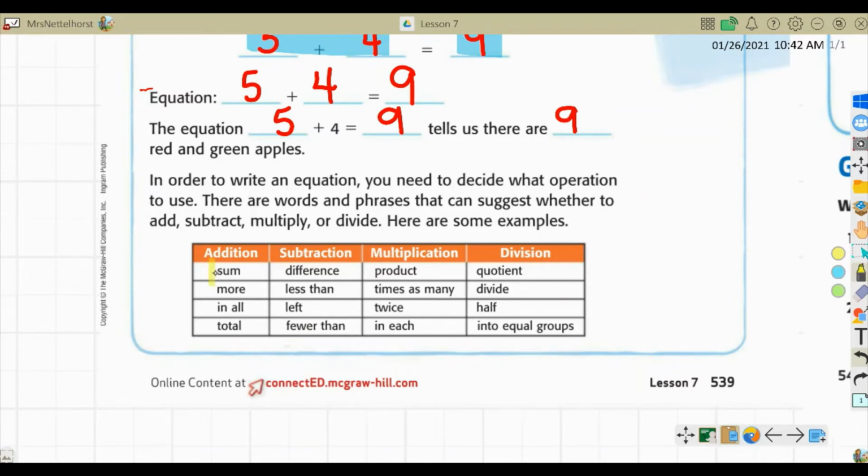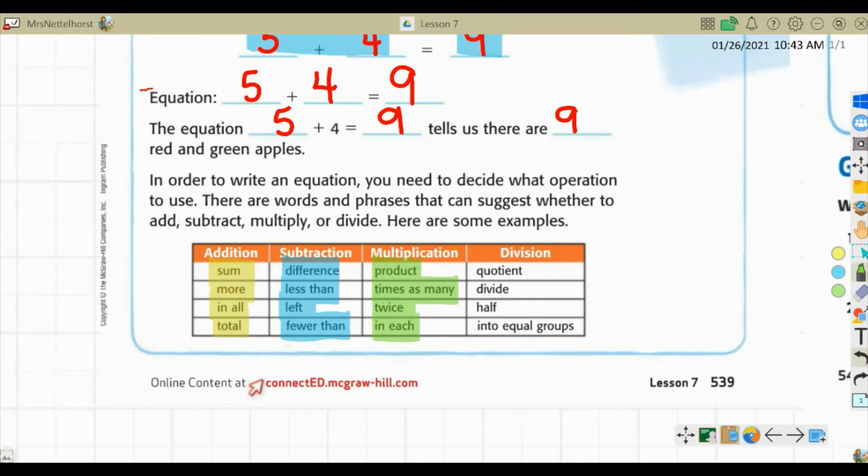If you see the word sum, more, in all, or total, those are addition words. If you see difference, less than, left, or fewer than, those are subtraction words. If you see product, times as many, twice, or in each, those are multiplication words.